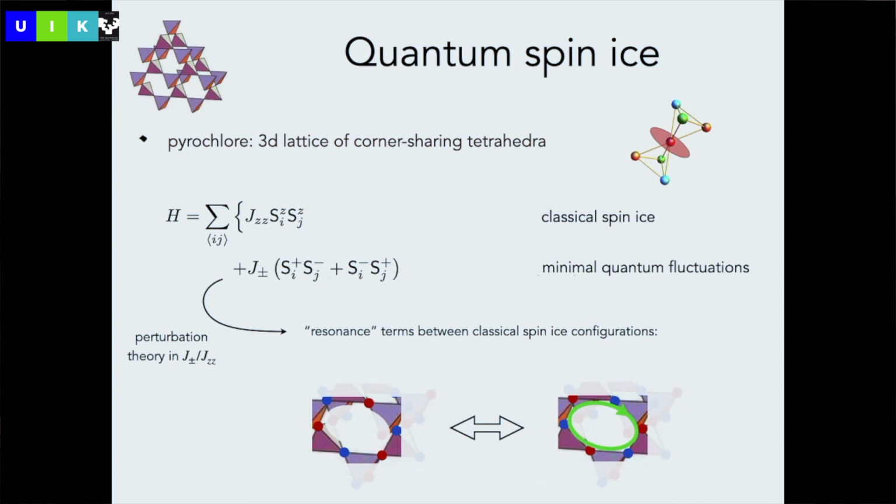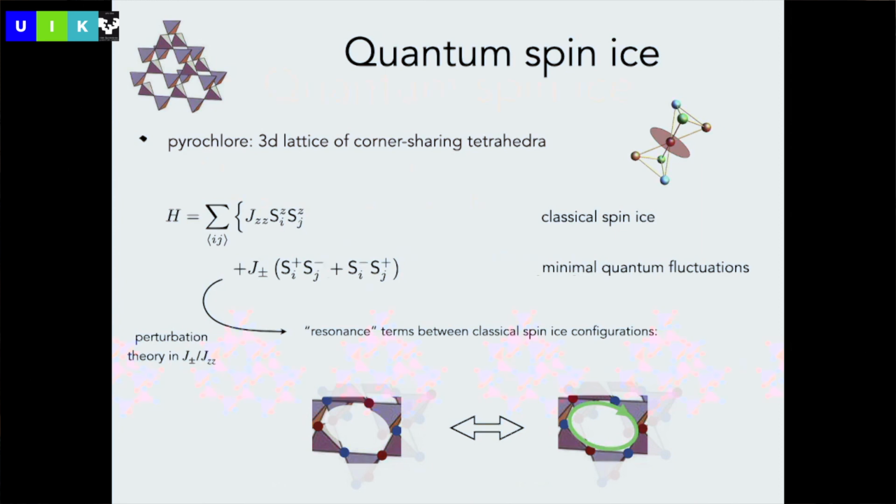Okay, so if you do perturbation theory in J plus minus small over JZZ, you get a resonance term which, in a pyrochlore lattice, you have these hexagons, which connects the blue, red, blue, red, blue, red with a red, blue, red, blue, red, blue. Okay, and this is done dynamically.